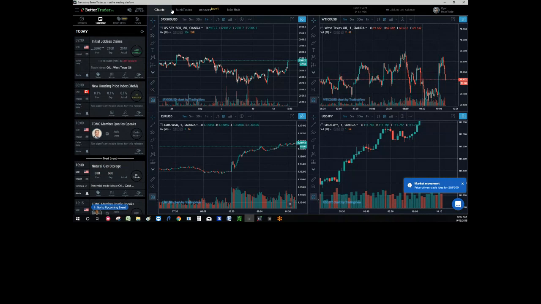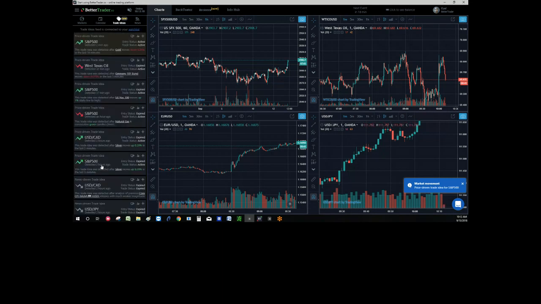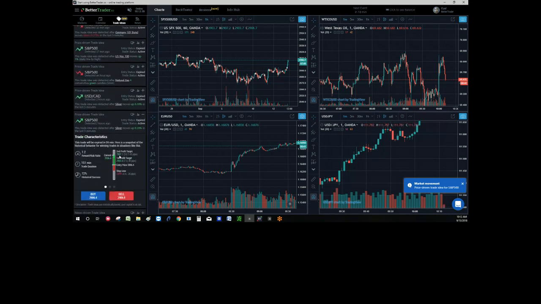Now let's see how we can use the backtester. This is a very important tool that traders can have, because you want to see what happened in a similar situation. Let's say this one, like silver went up. The system is indicating that there is a good long trade idea for the S&P 500.